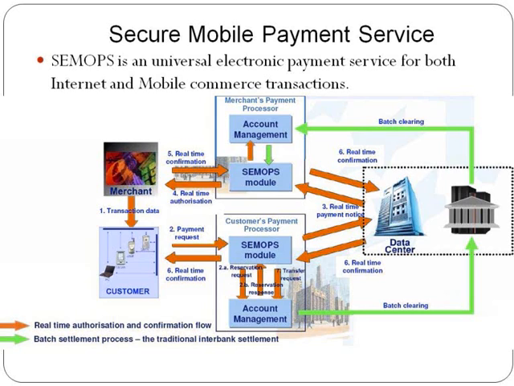This project was invented at the end of 2002 with the aim to effectively address most of the challenges faced with the mobile payment service and develop an open and cross-border security approach. Also, as you can see here, is an example of the architecture for the secure mobile payment service.